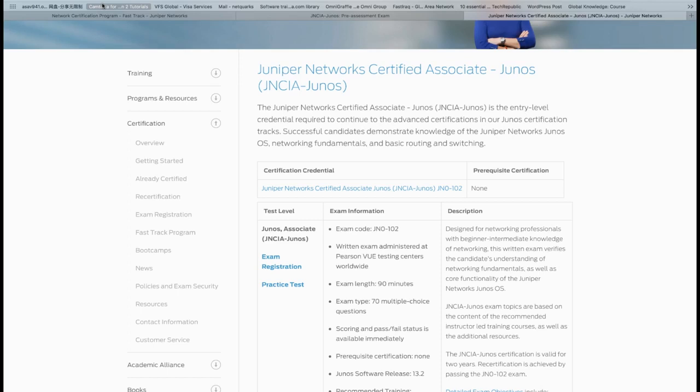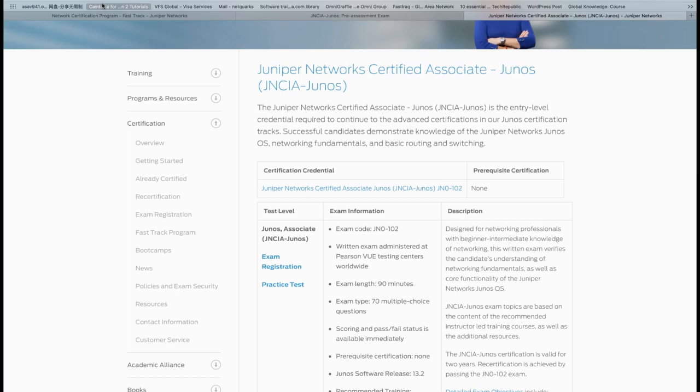For those of you who have taken exams from Cisco or VMware, it's a similar concept: you need to go to an actual exam proctoring center, like Pearson VUE in this case, and then it's an automated exam with a counter, because there's a time limit.